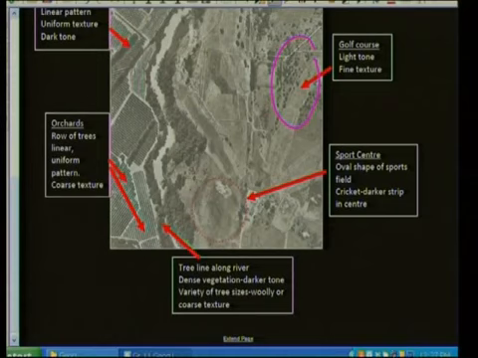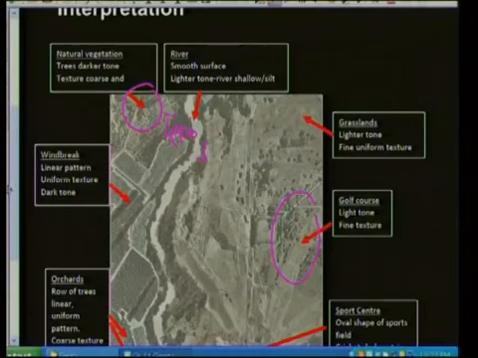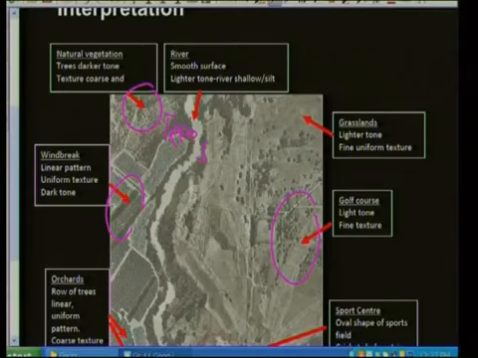So you can identify different things using your tone. Even down here, the windbreak, the tree here has a dark tone because it's trees. So trees will have a darker tone, cut grass will have a lighter tone. Let's look at the next one.